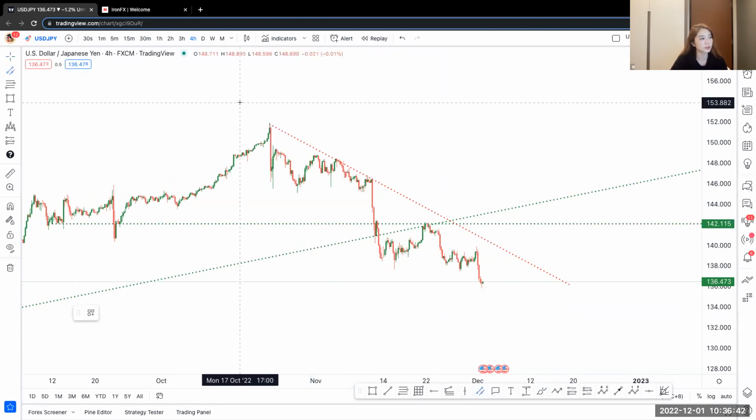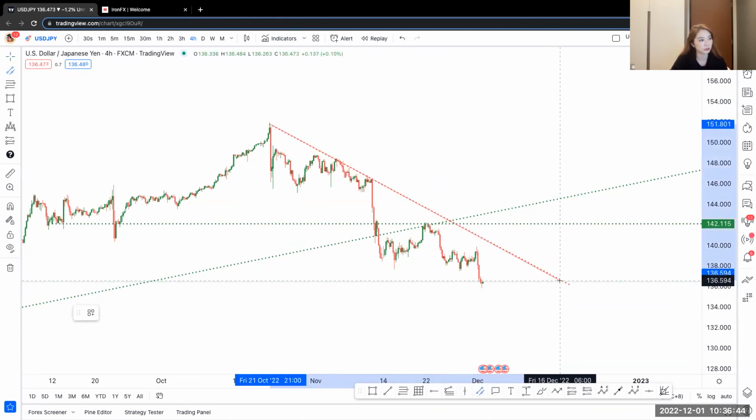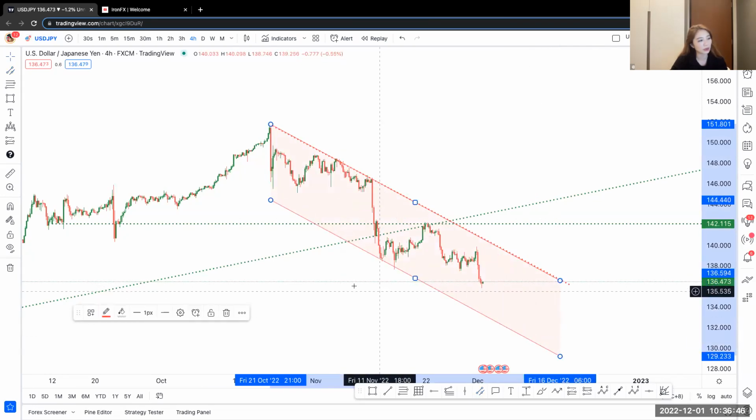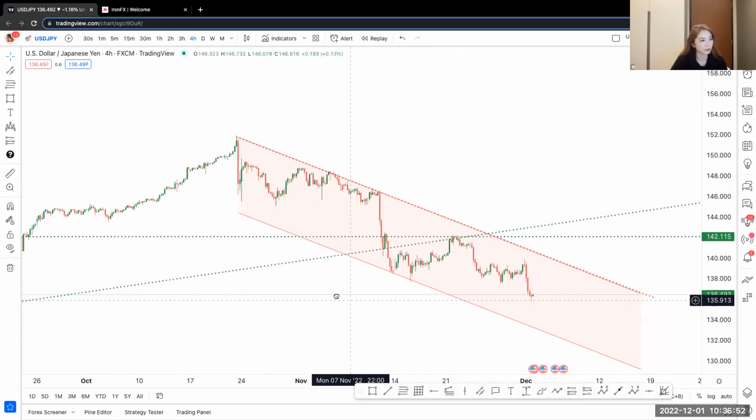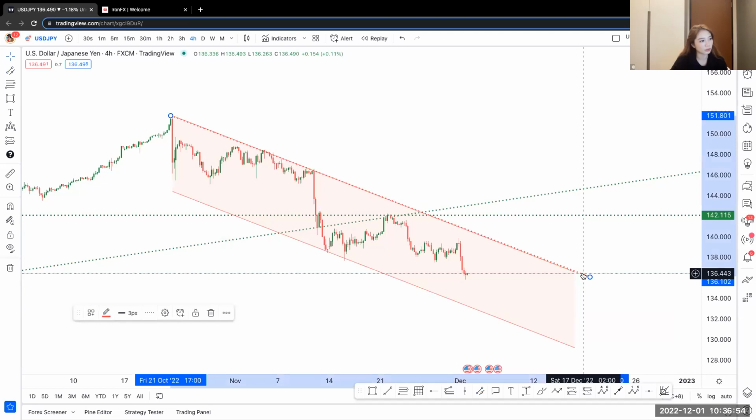Just want to see whether there is a downward channel. Looks like it if I eyeball. Yeah, there's two touches about there. Not the best in my opinion, but we are looking at two touches as well.